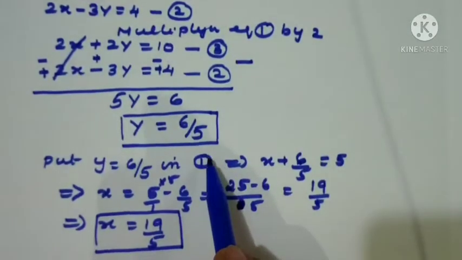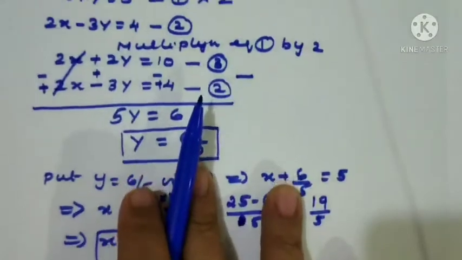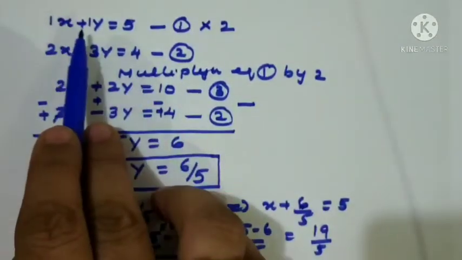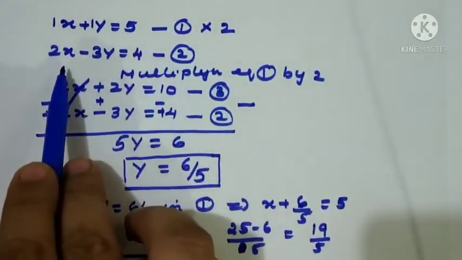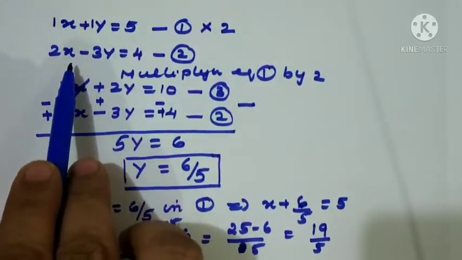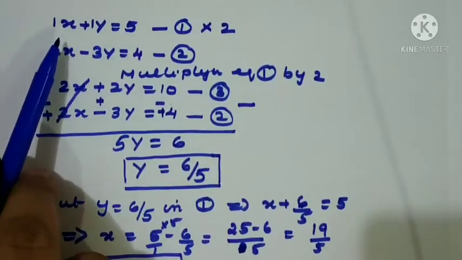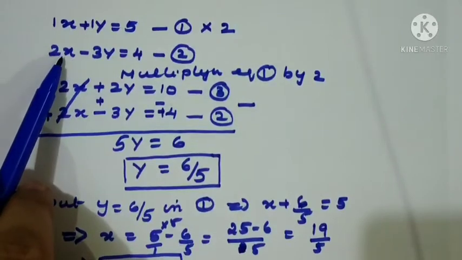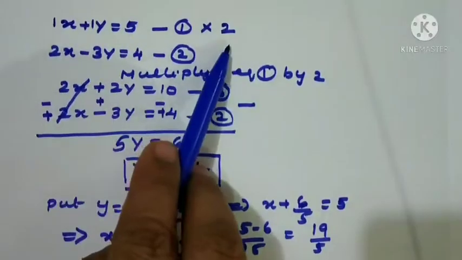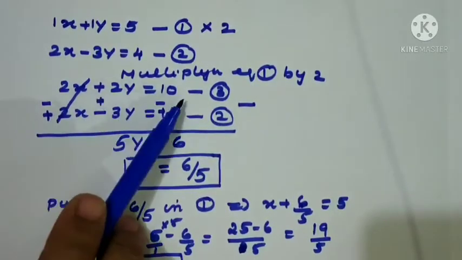So y we got 6 by 5 and x we got 19 by 5. So what are the equations we are having? x plus y equal to 5 and 2x minus 3y equal to 4. So just check the coefficients, which is easier to make equal, that we can decide. I have chosen x. Here the x coefficient is 2, so I should multiply with 2. The new equation is 2x plus 2y equal to 10.